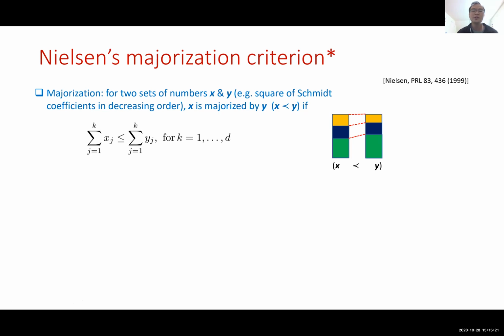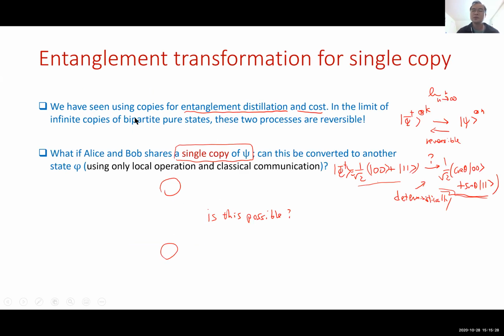But let me basically illustrate. Here I have phi plus with Schmidt coefficient 1/√2, so the squares of the Schmidt coefficients are 1/2 and 1/2, right? And this one here is cosine squared, sine squared.